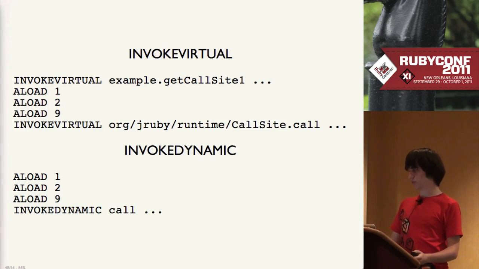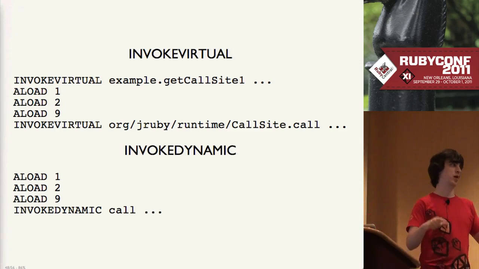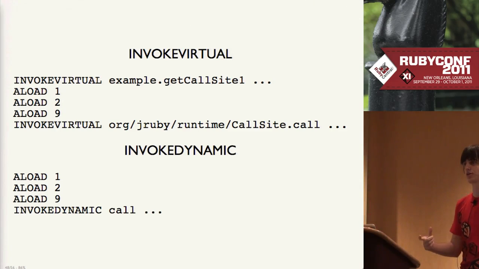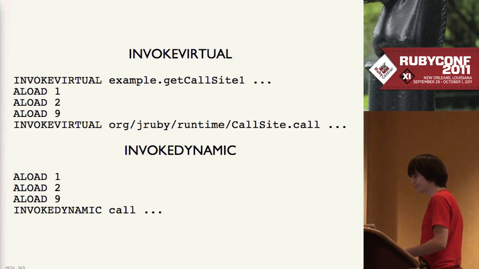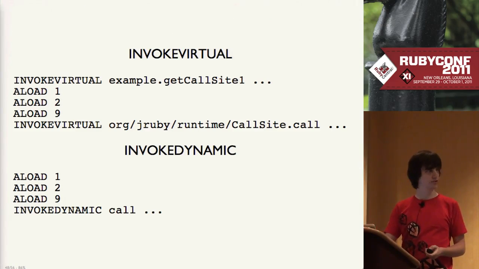The new one is using invokedynamic. This is again the extract from the method I showed you at the beginning that is calling to_s. So invokevirtual is the normal method bytecode invocation for the JVM, and invokedynamic is the new hot thing they added.